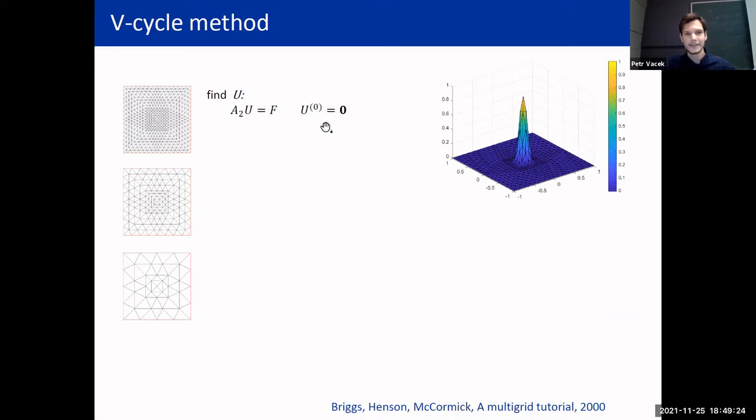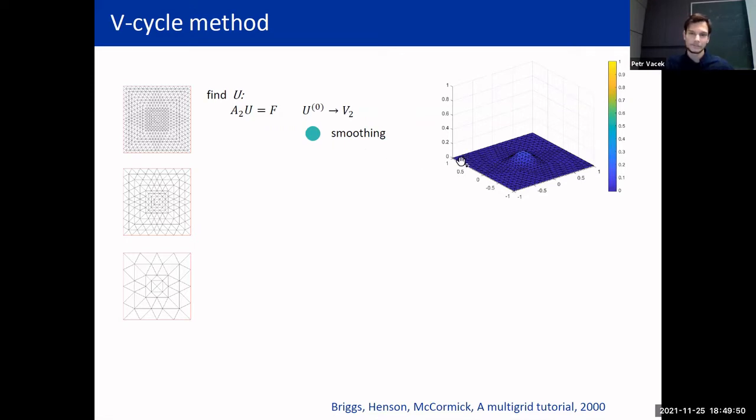First, in the V-cycle on the fine level, we apply smoothing. The smoothing should have the effect of eliminating the oscillatory parts of the error, and it usually consists of a few iterations of a stationary iterative method such as Jacobi, Gauss-Seidel, or SOR method.